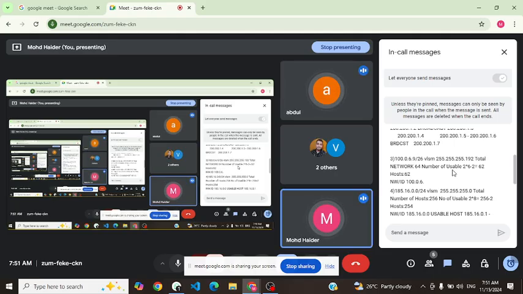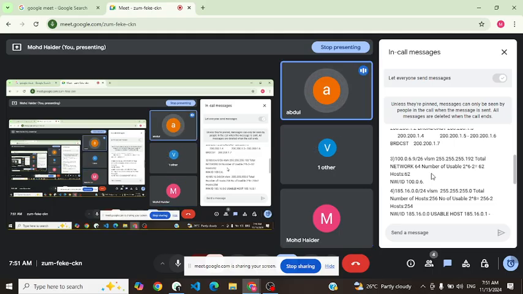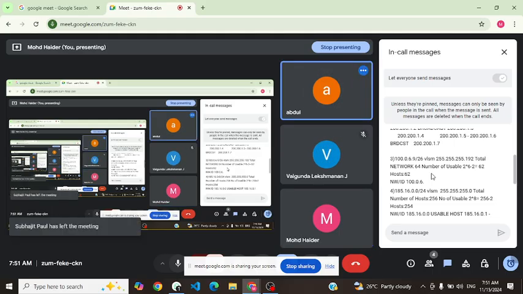For the third one, what is the total number of networks you have written here? 64, which is 256 minus 192. Blocks of 64. And you have 2 to the power of 6 minus 2, which is 62 host IPs we can assign to the 64 networks.